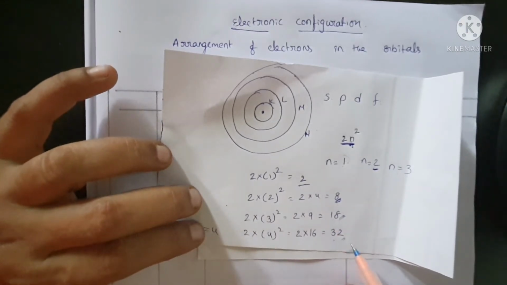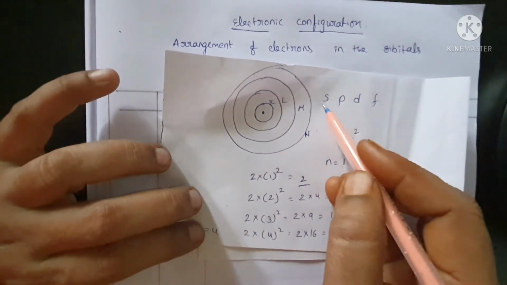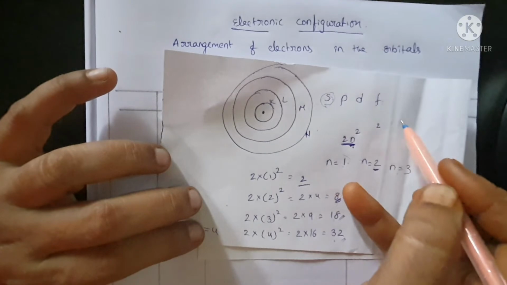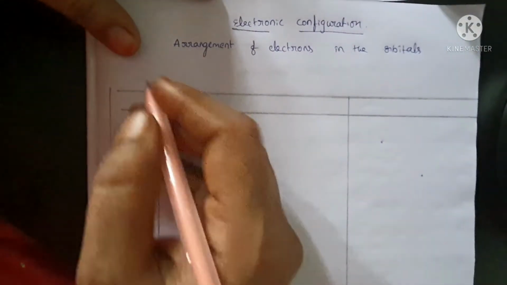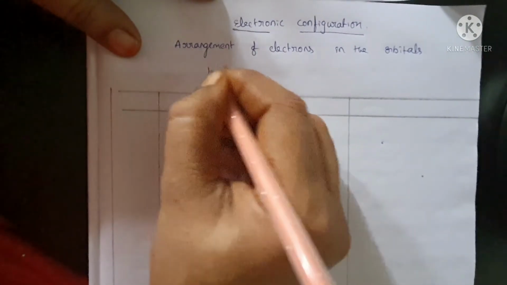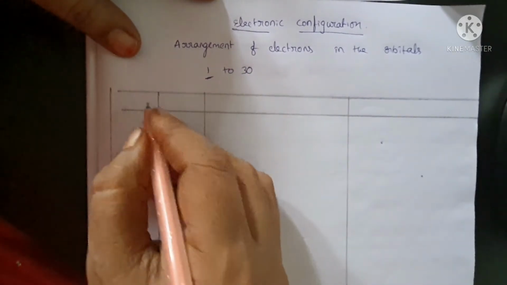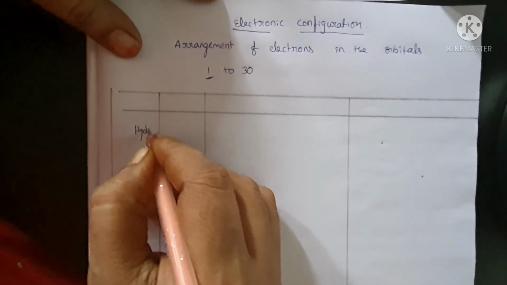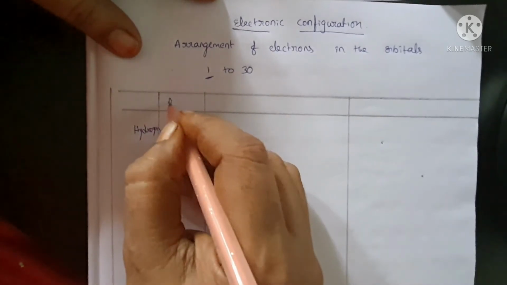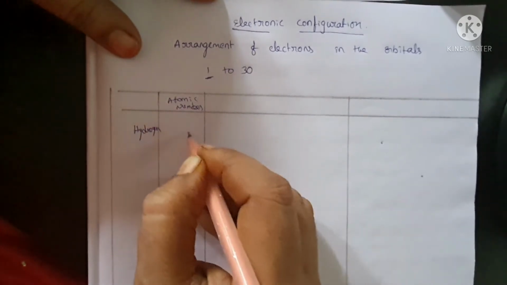The S orbital can hold only 2 electrons. We will see the electronic configuration of elements from atomic number 1 to 30. What is atomic number 1? That is hydrogen.